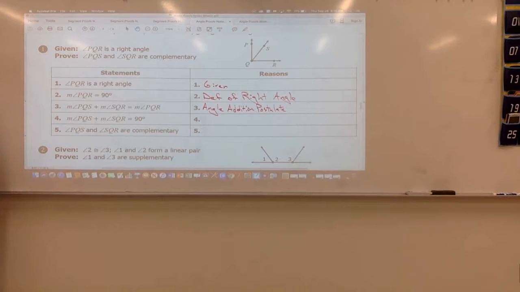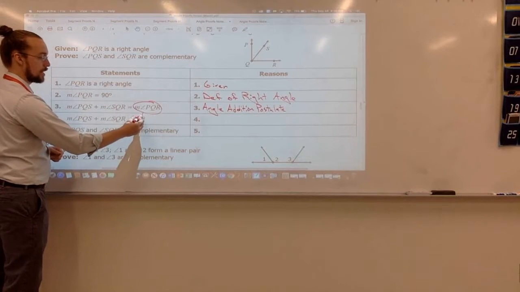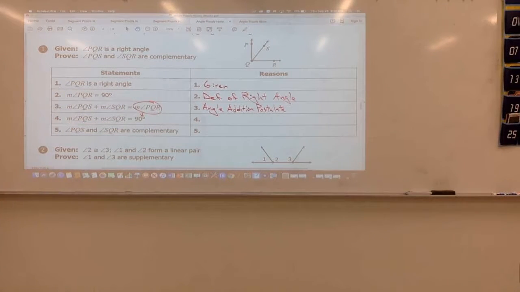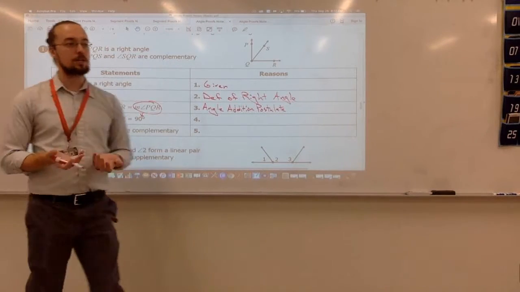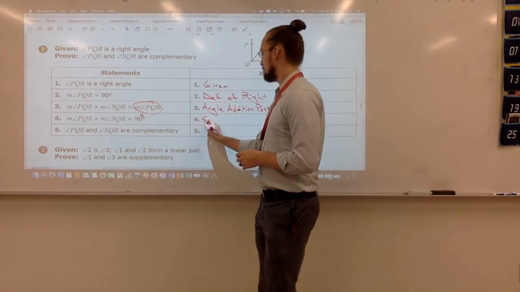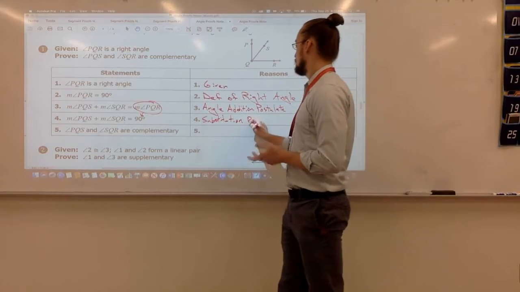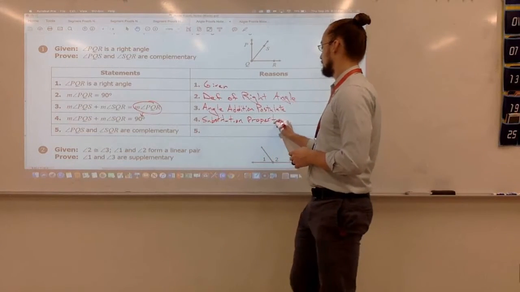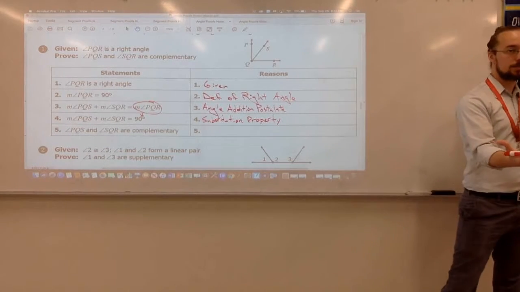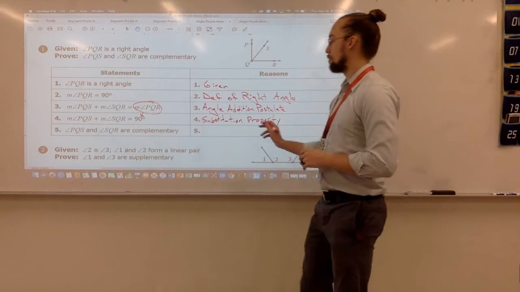If we take a look at these two equations, we know that PQR is equal to 90. So all they did was substitute 90 in place of the measure of angle PQR. So substitution. I think we could also have used transitive. Transitive would work in this case, but let's say substitution. So now, if I know these two angles add to 90, how can I claim they're complementary? Definition of complementary.